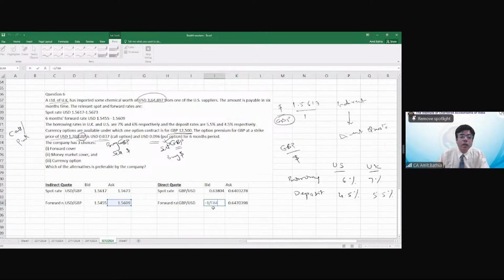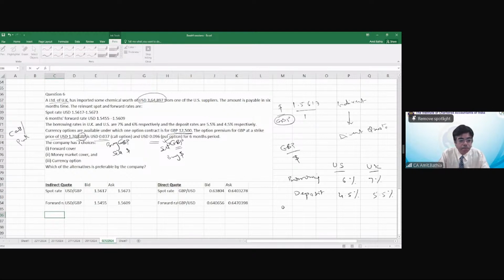Check it out. Bid rate is 1 upon ask rate, and for ask it is 1 upon bid rate. Are you all with me? Shall we start with the options now? All right, let's start.